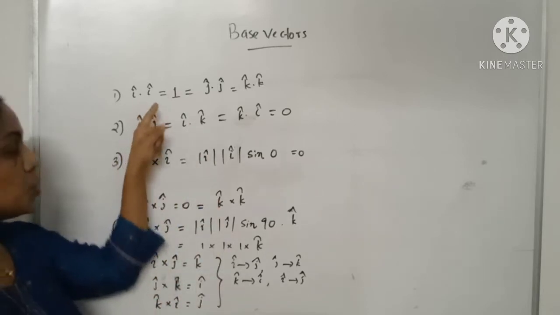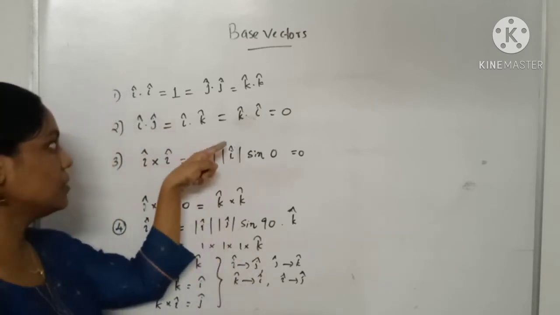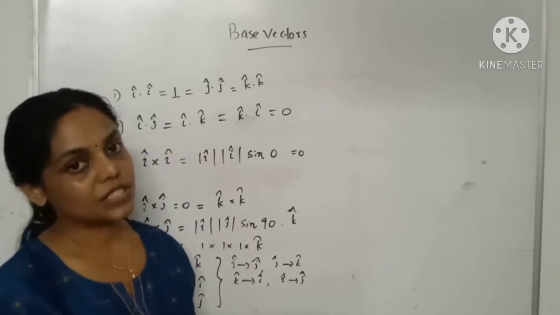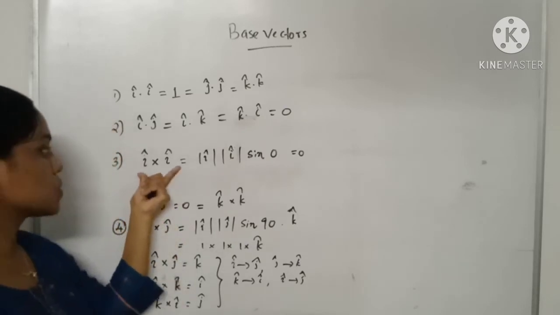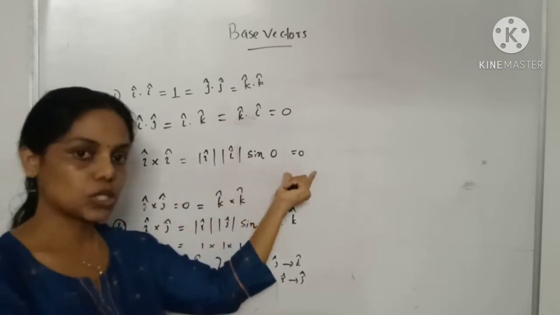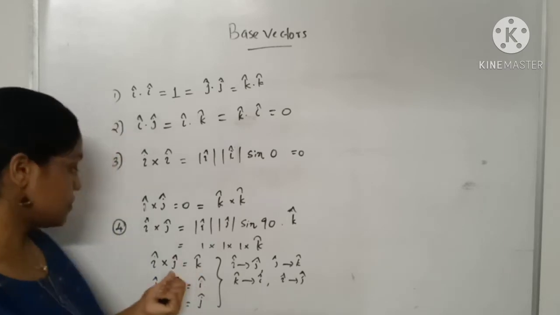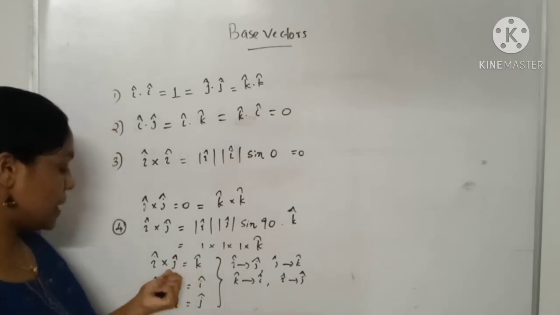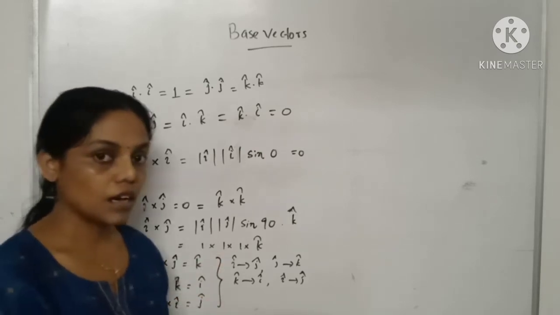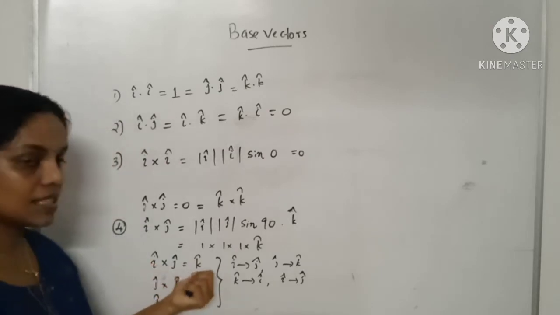The dot product between two similar orthogonal base vectors is equal to 1, and the dot product between two different orthogonal vectors is equal to 0, and the cross product between two similar base vectors is equal to 0, and the cross product between two perpendicular base vectors is equal to the other unit vector, and i cross j is equal to k cap.